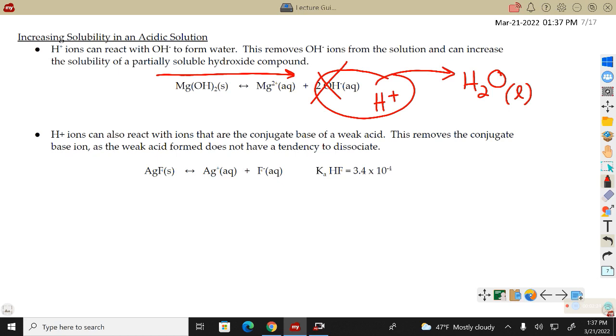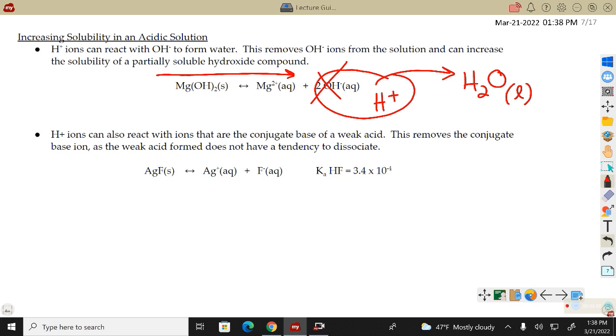Another option is to add an acidic solution to a compound that contains the conjugate base of a weak acid. Look at us with all this equilibrium lingo. So for example, they're giving me a Ka of hydrofluoric acid, and I notice that it's small. So the Ka is small, I know that this must be a weak acid.